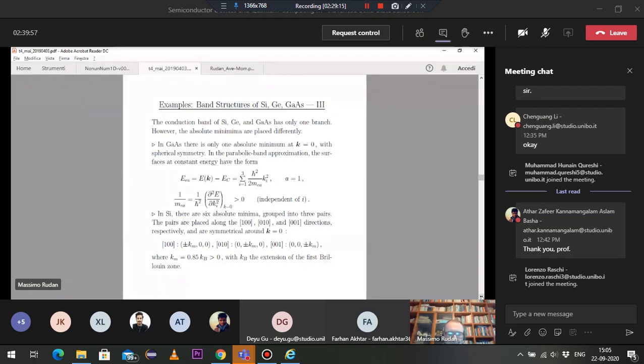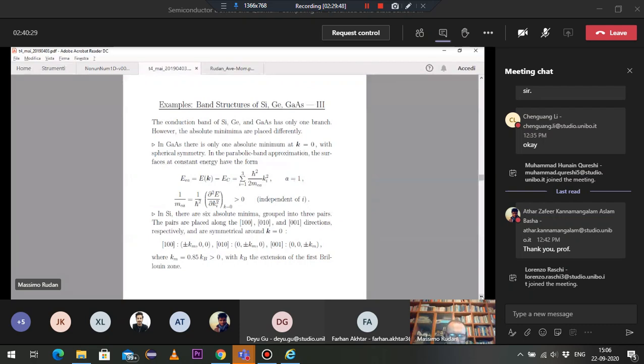Okay, for instance, if you take the 1,0,0 direction, the 2 minima of the conduction band of silicon are placed at a position Km00 or minus Km00. So one of them is to the right of the gamma point and the other one is to the left of the gamma point.